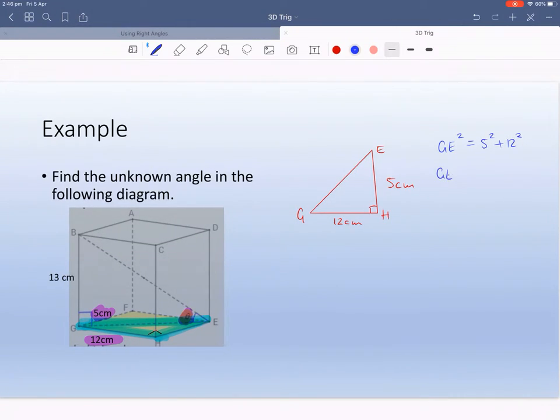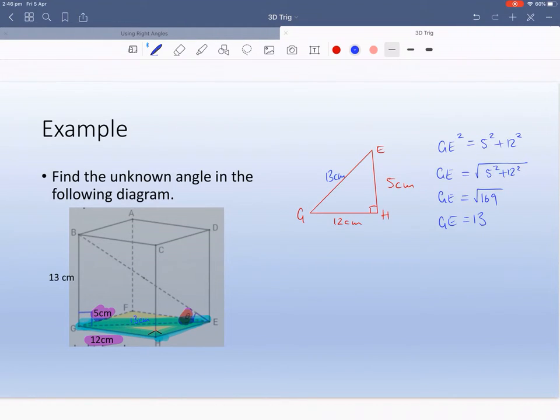So GE will equal the square root of 5 squared plus 12 squared. So GE will equal square root of 169, which is GE equals 13. So we know that this is 13 centimetres. So I can put that in this graph if you want.